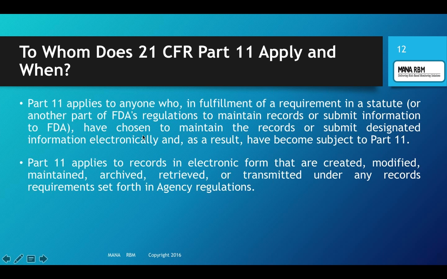So if you maintain your records in electronic format, 21 CFR Part 11 applies to you. If you are doing everything in paper, then it doesn't. Although today we don't do that. Today, almost every trial has an electronic component as part of the trial.